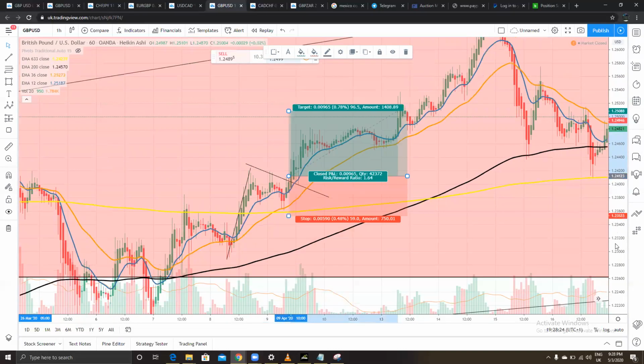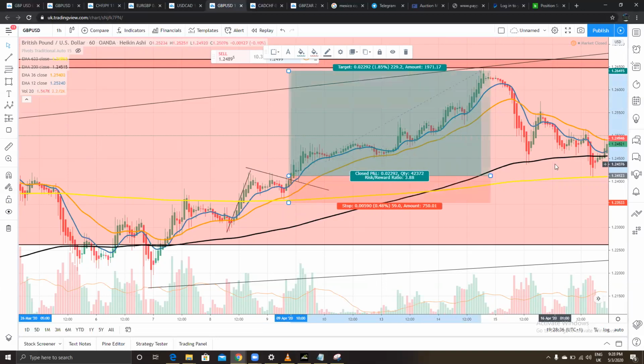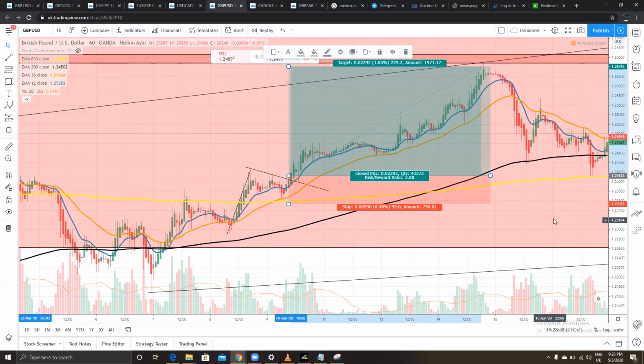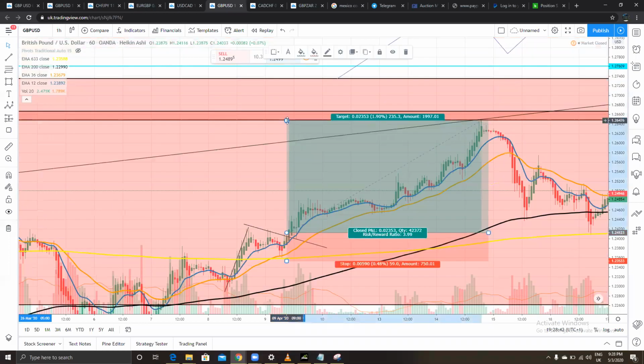Then I will look for 3 to 1 at least. If I can't get 3 to 1, the moment I get 1 to 1, I want to move my stop loss to break even, right? And then once I move my stop loss to break even, I'll monitor the rest of the position.